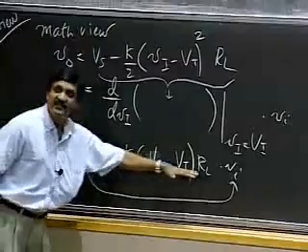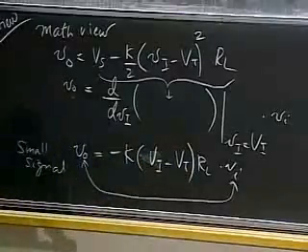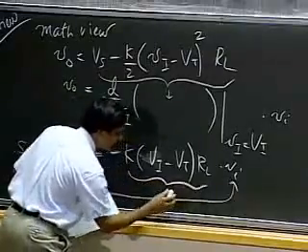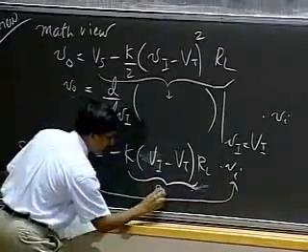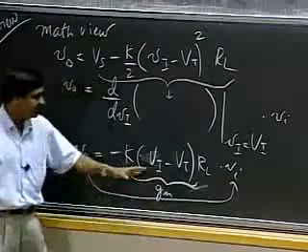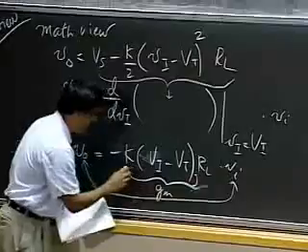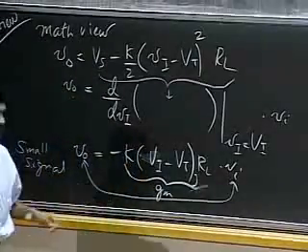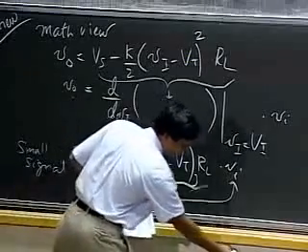So therefore, this is the linear relationship that we had set out to get. This term here, for reasons you will see today, K Vi minus Vt, is called GM, okay, transconductance. We will look at it in more detail a little later.